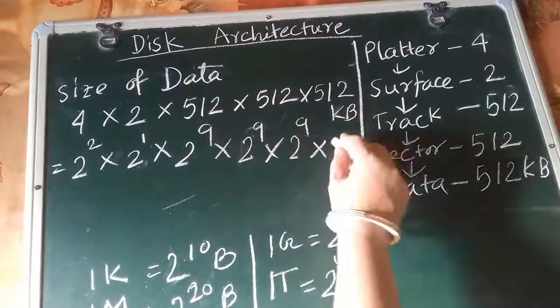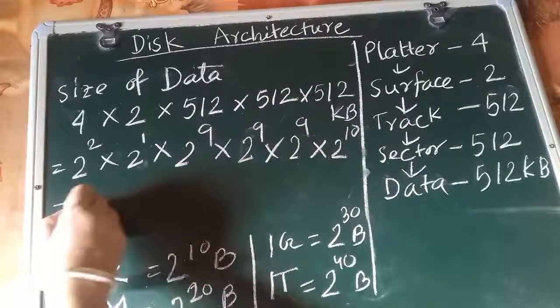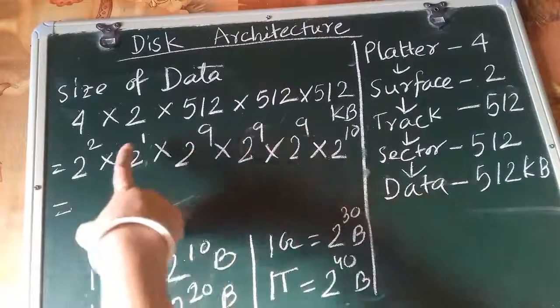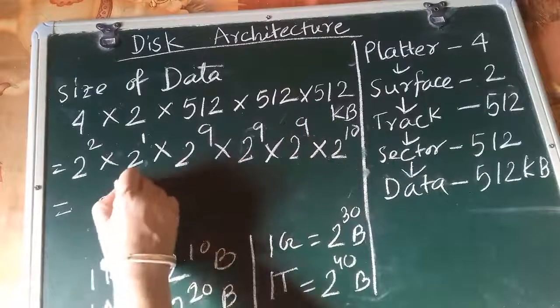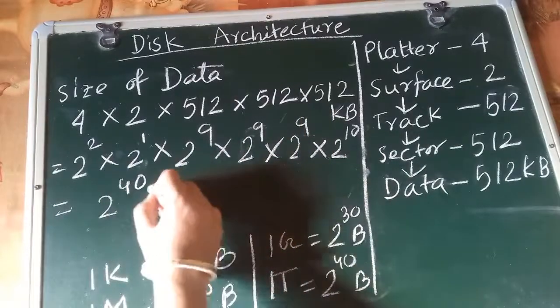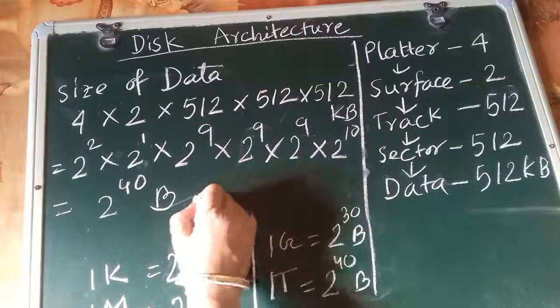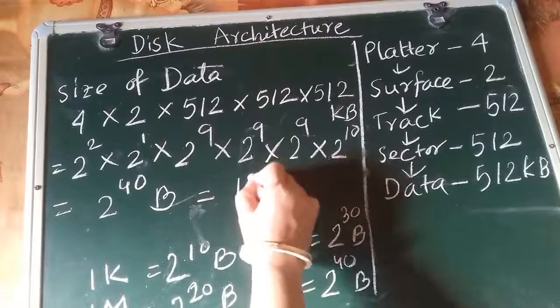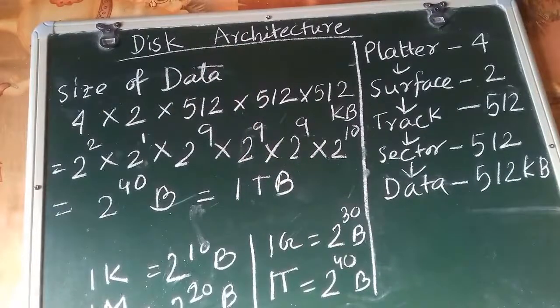If we convert to bytes, it becomes 2 to the power 10. So if we calculate, 3 nines are 27, 28, 30, plus 10, so 2 to the power 40 bytes. 2 to the power 40 means tera, so we can write 1 terabyte. So the size of the data will be 1 terabyte.